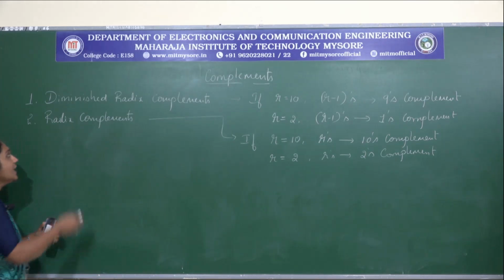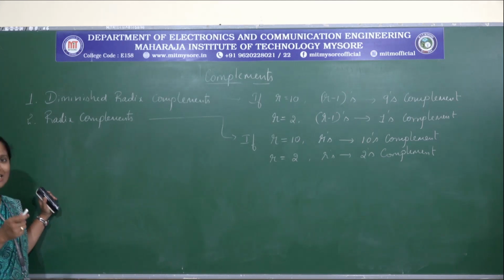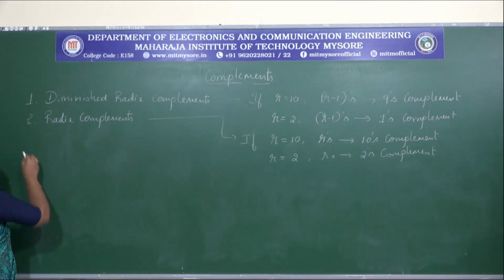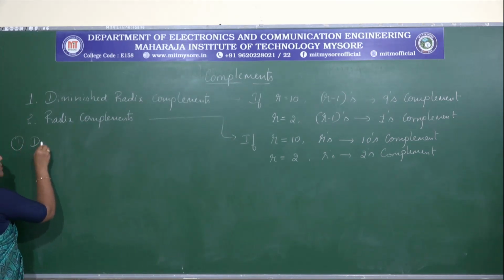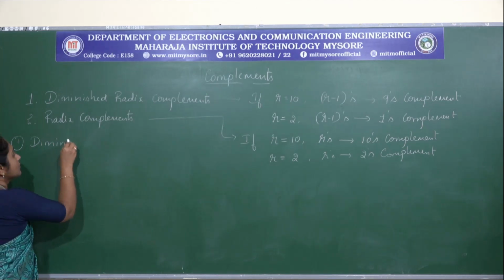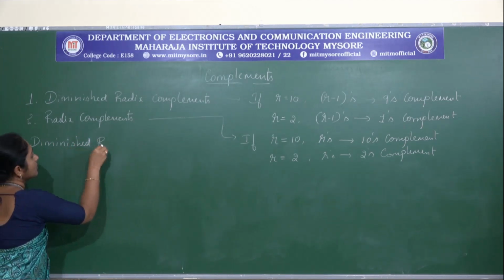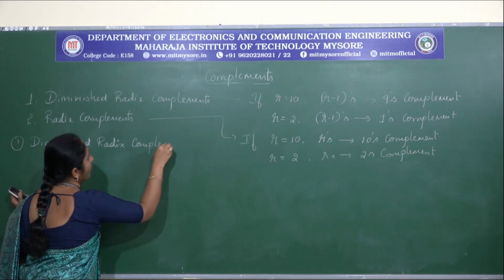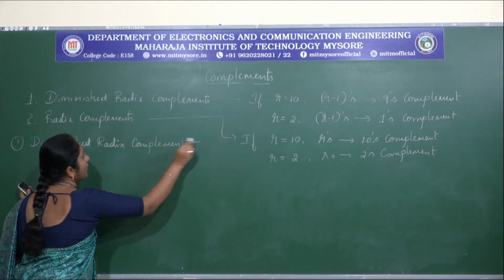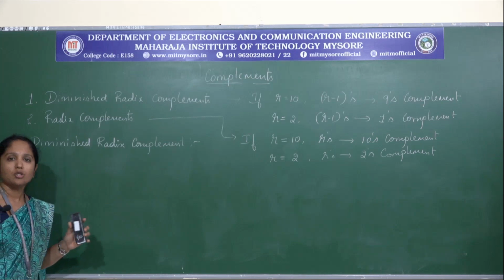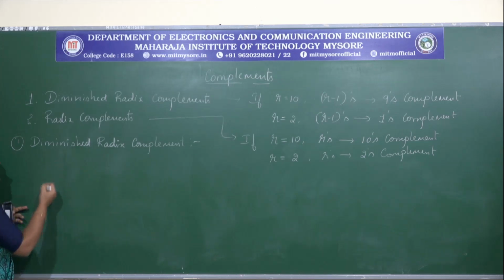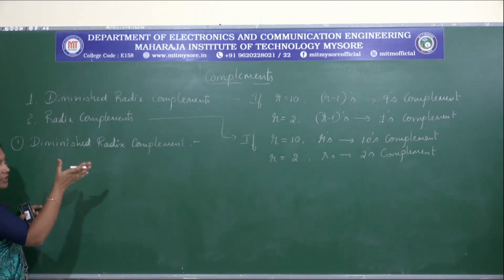Now let me consider the diminished radix complement, which is 9's for decimal and 1's complement for binary. We have a formula here to obtain 9's complement and 1's complement.